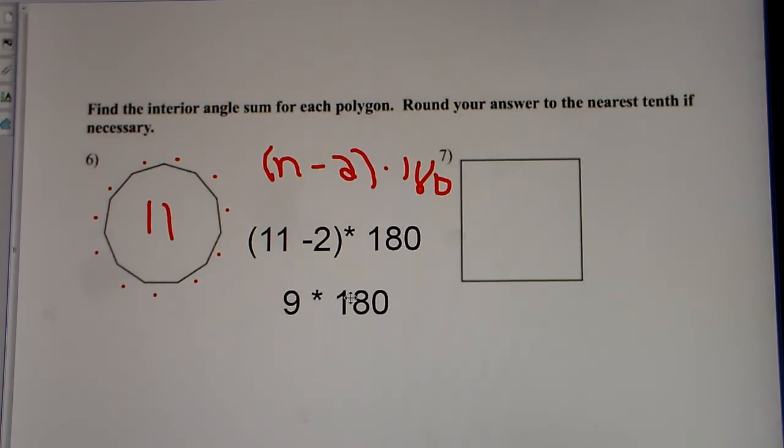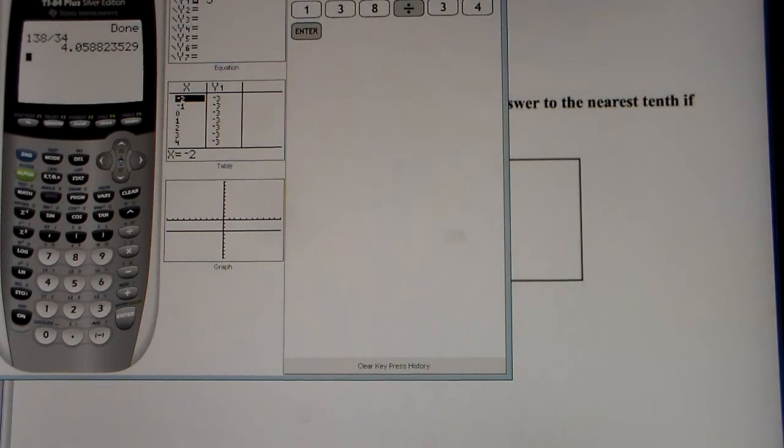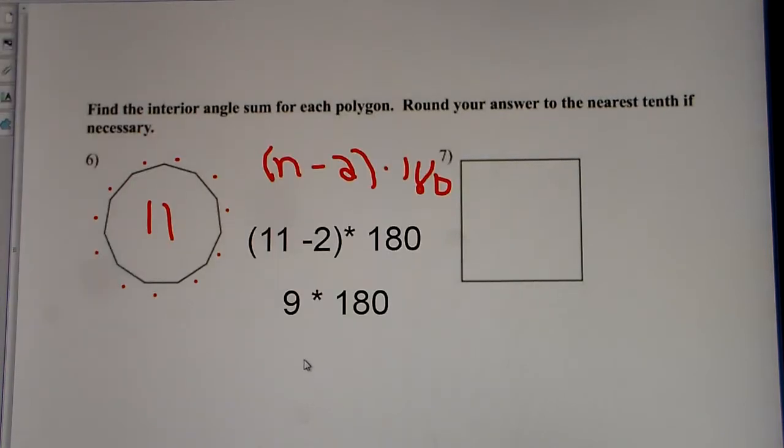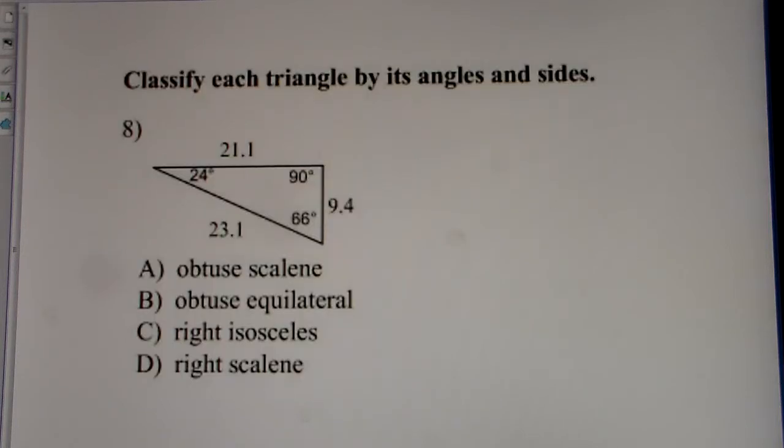And 9 times 180, bring up the calculator, and we get 1,620. So 1,620 would be the answer. That's the answer to number 6. Number 7, you have 4 sides, so 4 minus 2 gets you 2. 2 times 180 gets you 360. So for number 7, it's 360 degrees.